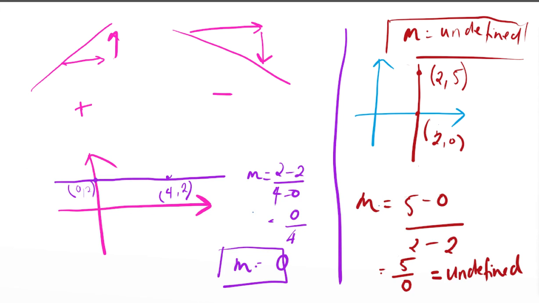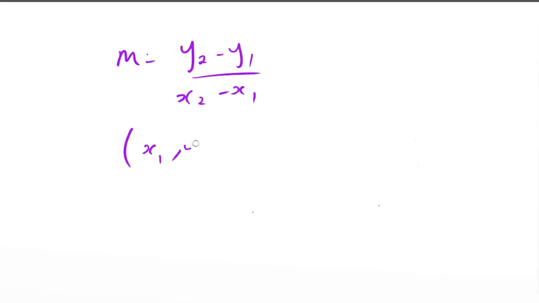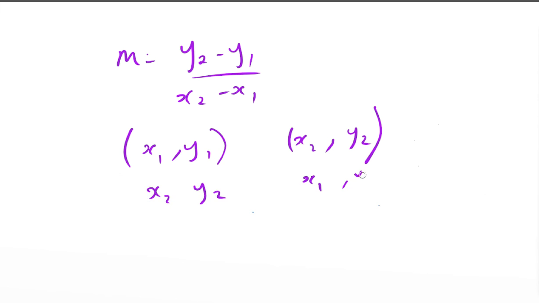Okay, so that's all you really need to know about gradients. I guess the final thing to remember is that we have the equation y2 minus y1 over x2 minus x1, and we have 2 coordinates, x1, y1, and x2, y2. Now it doesn't really matter whether I label this one as x2, y2, and this one as x1, y1.